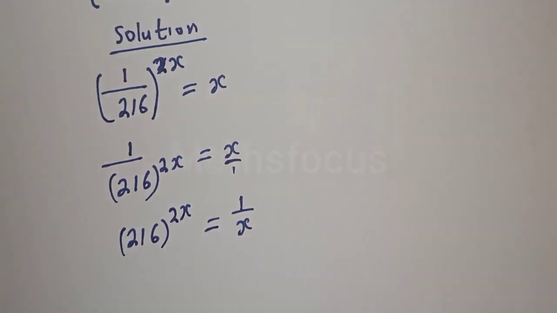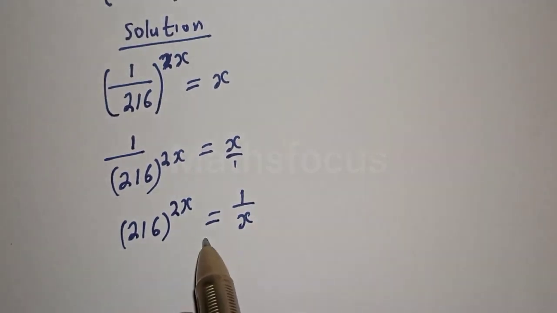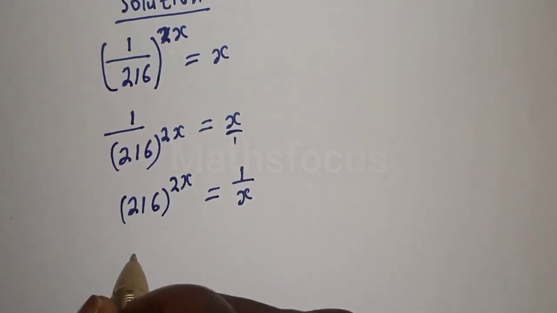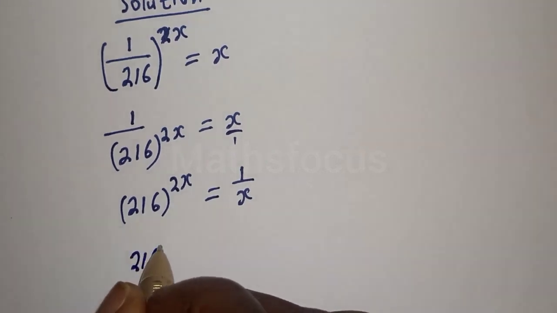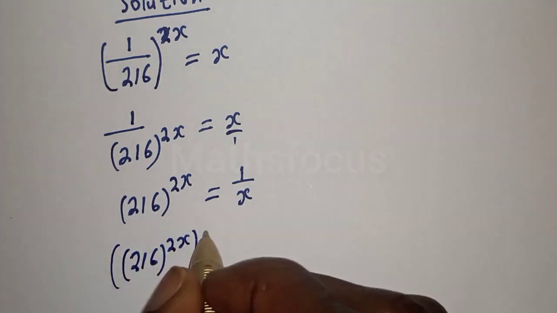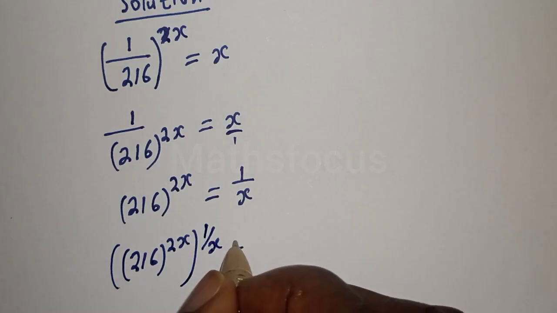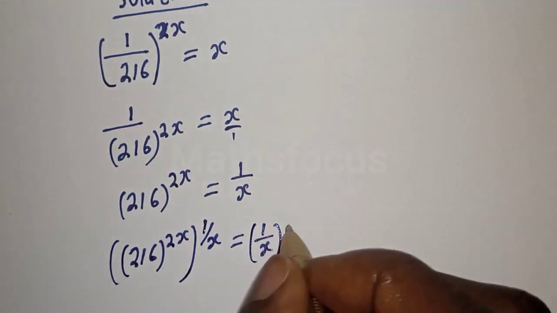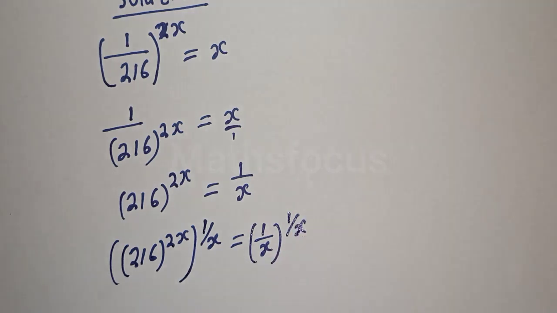At this point, we can multiply the exponents of both sides by 1 over x. That is 216 raised to power 2s multiplied by 1 over s is equal to 1 over s multiplied by 1 over x.